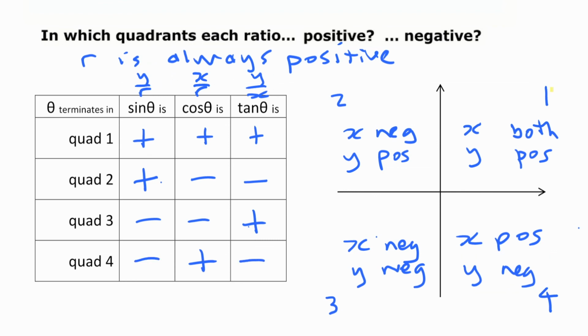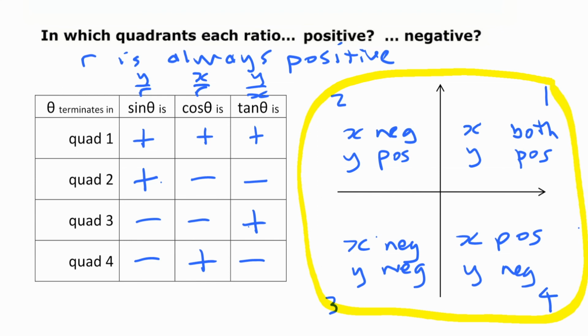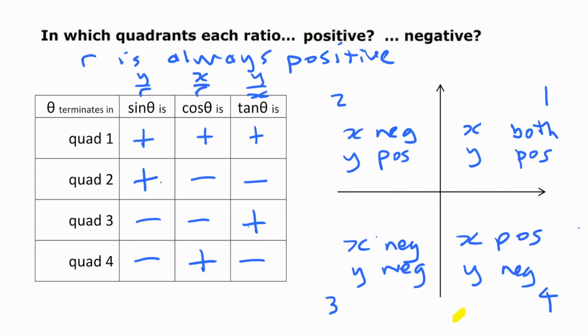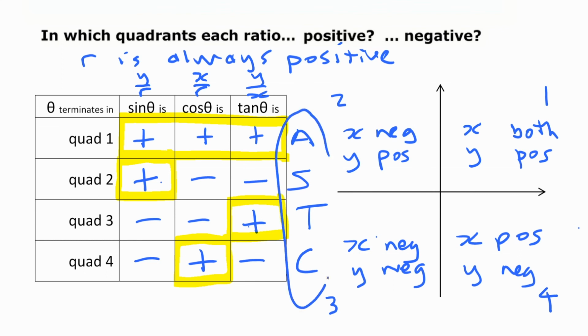And you can always generate those values by just thinking about the values of the coordinates x and y as you go around. Sometimes people like to have a simpler way to remember it. Sometimes people just think about where it's positive and then just know it's negative everywhere else. So what some people do is they just remember that all of them are positive in quadrant 1, and sine is positive in quadrant 2, and tangent's positive in quadrant 3, and cosine's positive in quadrant 4, and then they just remember this sequence of letters.